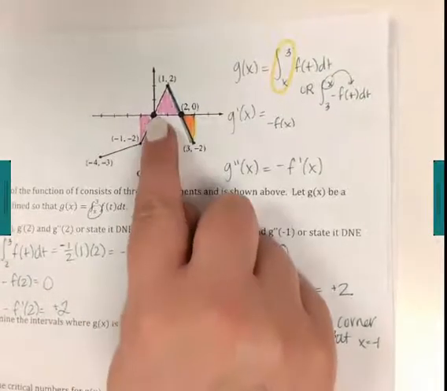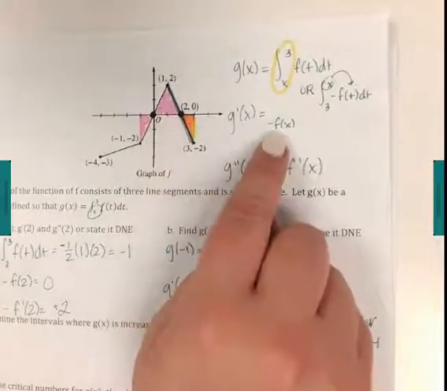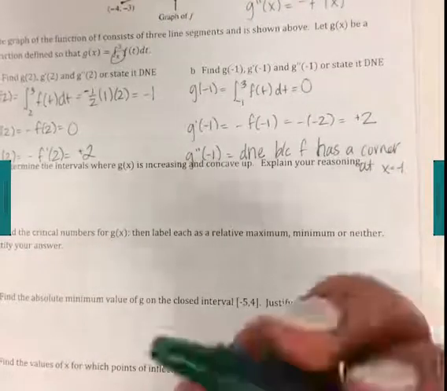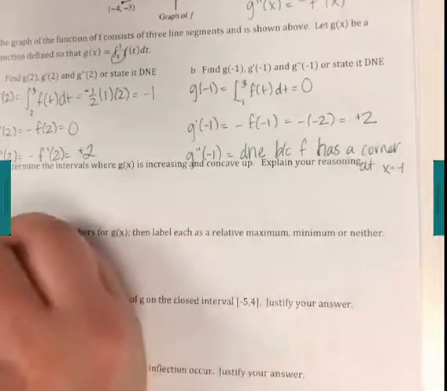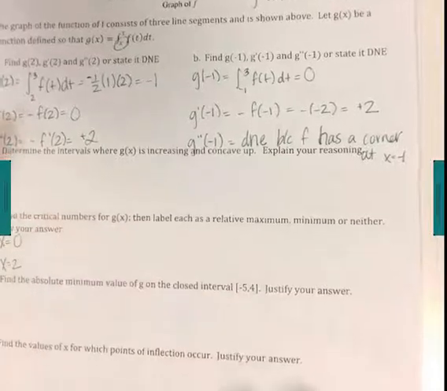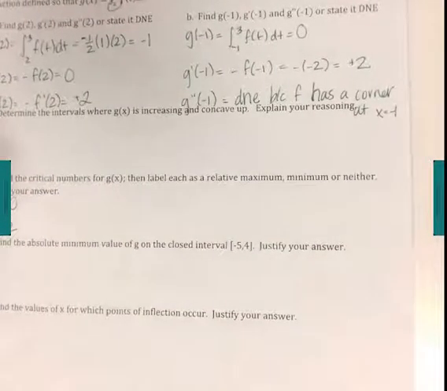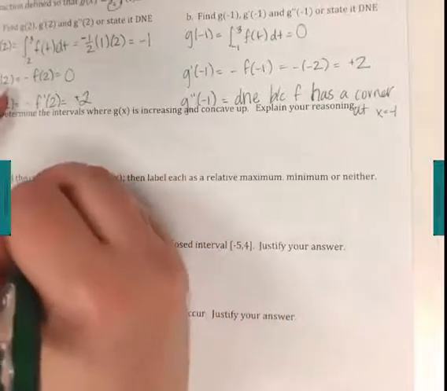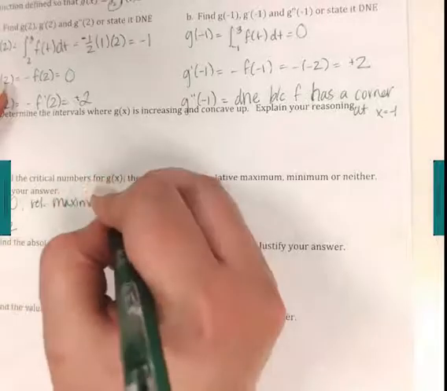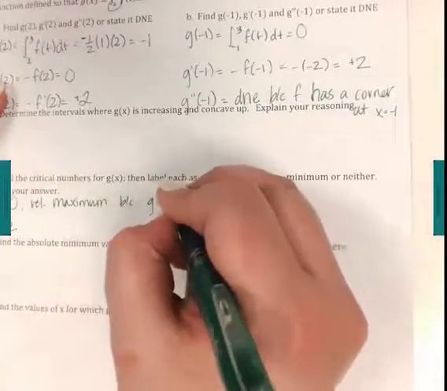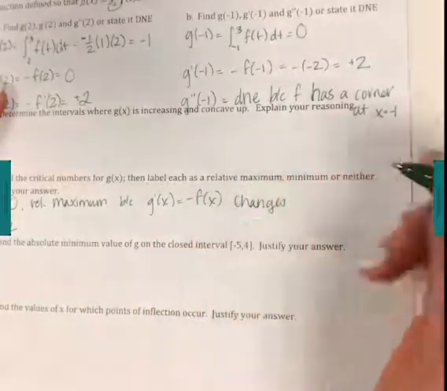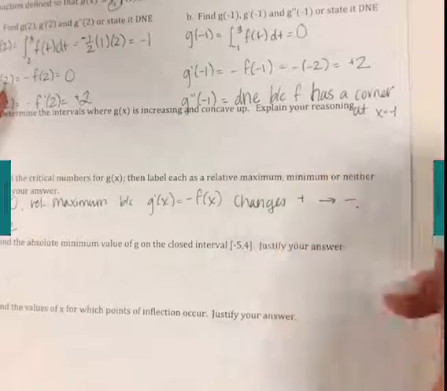Normally this would be a min, but because of the negative on the f of x, it actually makes it a max. So let's write that out. My critical numbers are 0 and 2. Normally 0 would be a minimum, but we're going to say it's a relative maximum, because g prime of x, which is really negative f of x, changes from positive to negative.